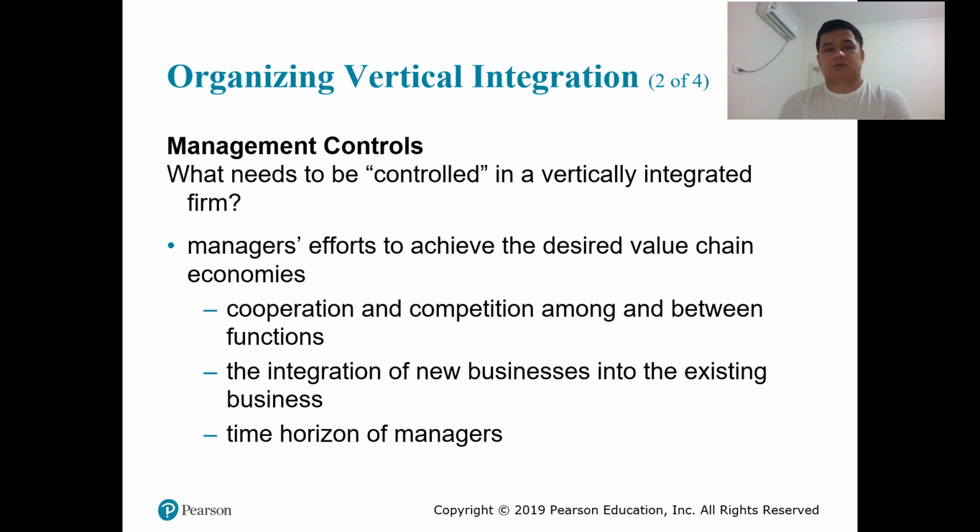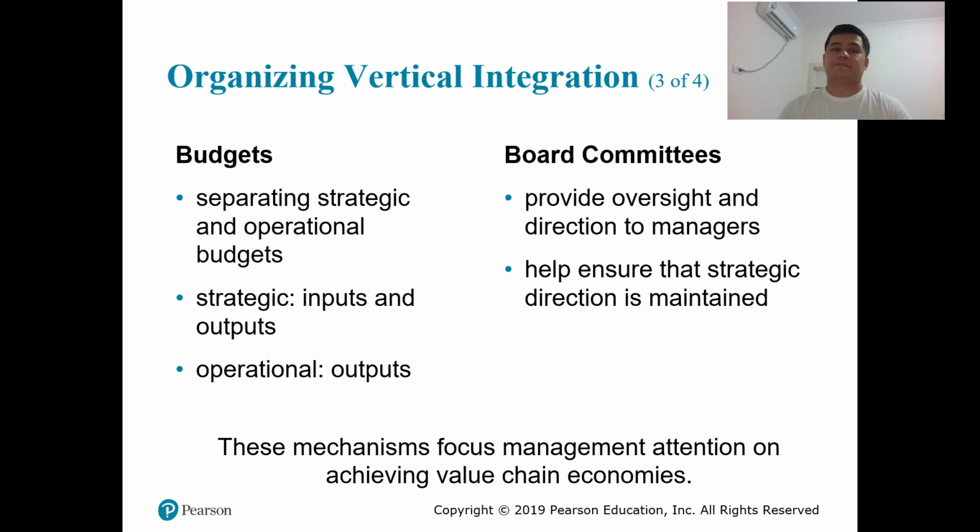So, management controls. What needs to be controlled in a vertically integrated firm? Managers' effort to achieve the desired value chain economies, cooperation and competition among and between functions, the integration of new businesses into the existing business, and the time horizon of managers.